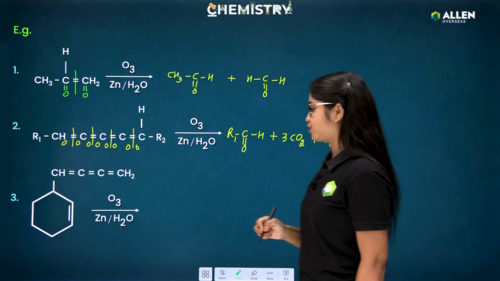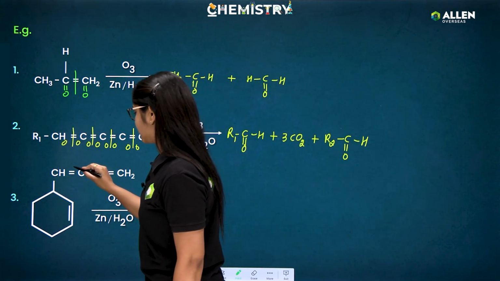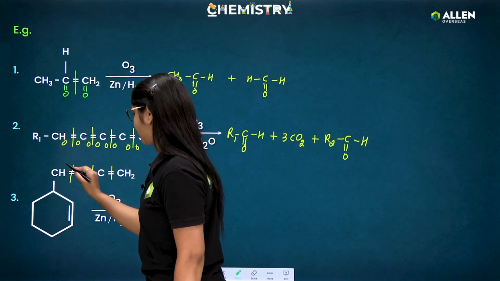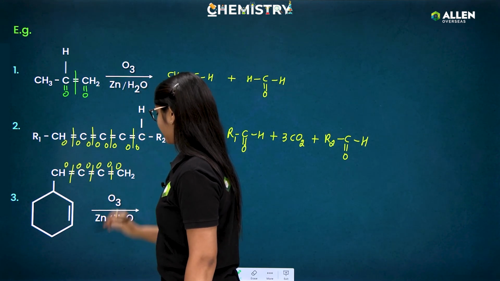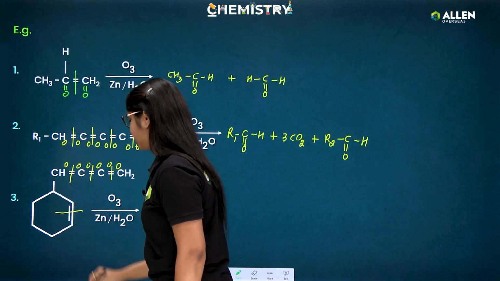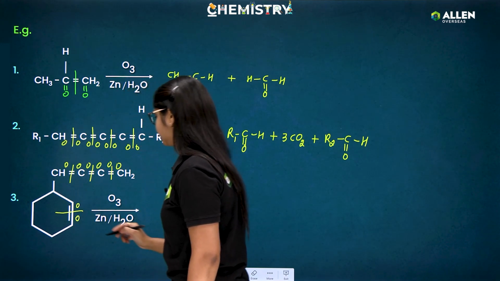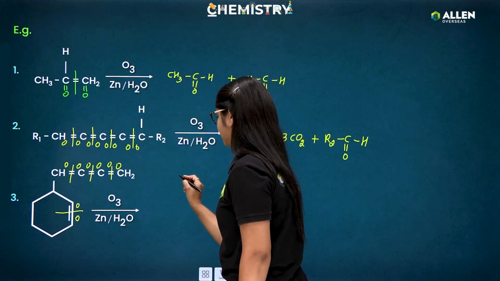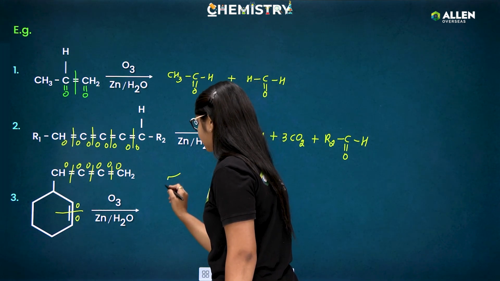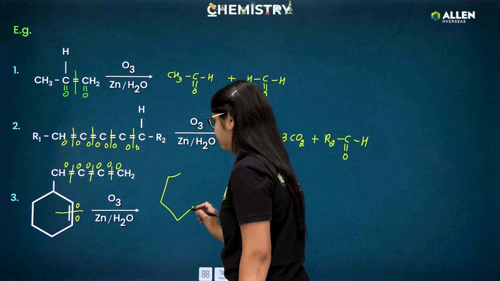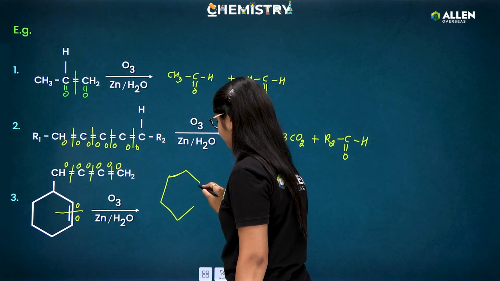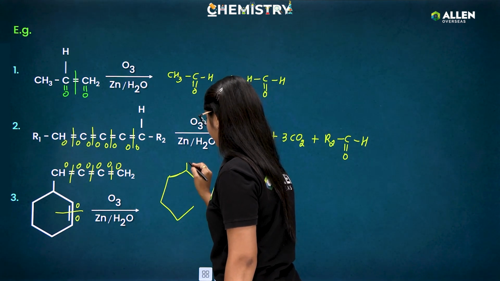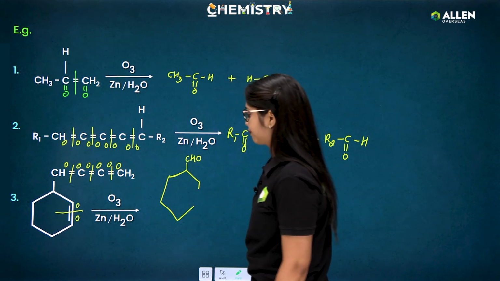Now let's see the next one. Here also you have multiple double bonds, so we have to break each double bond, adding oxygen atoms. This double bond will also be broken. So ultimately we'll get CHO here.